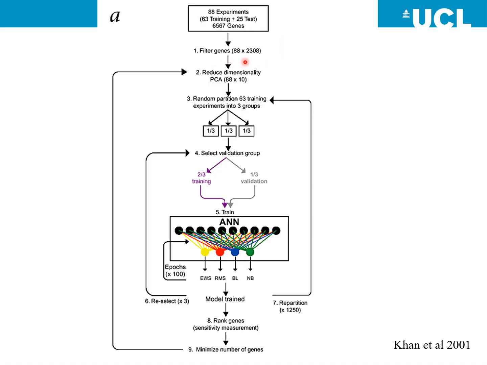They filtered the genes initially, in terms of what genes actually do change. If the gene stays the same, it's not very useful. If the gene has a very low expression, it may not be expressed, so it's not very useful. So they converted the 6,000 genes into 2,000 genes with 88 samples.